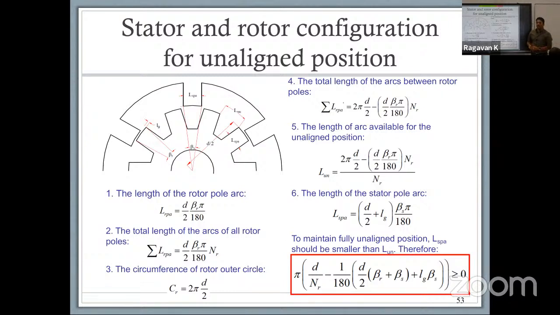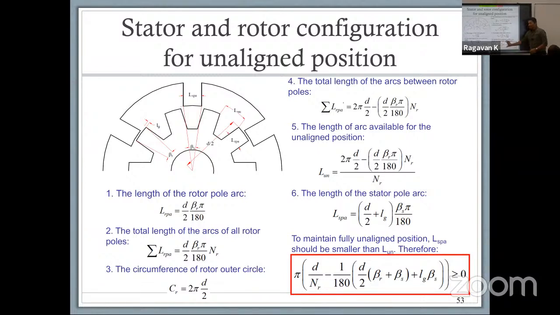If you don't have a clear unaligned position, like I said, you will end up getting to a scenario in which your torque will not be adequate. So this is actually an iterative algorithm, and if you have a specific machine configuration, then the length of the stator pole arc and the length of the unaligned arc will dictate whether the machine dimensions can be achieved, and if so, what optimization.